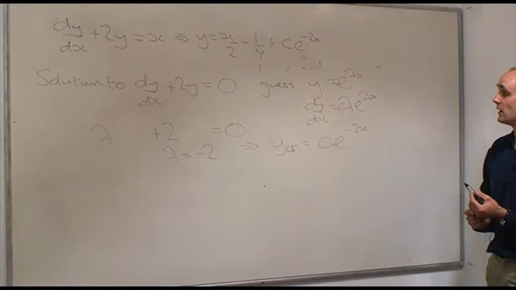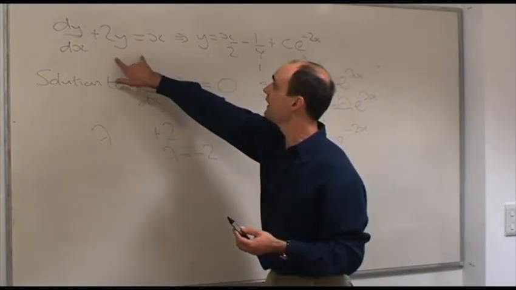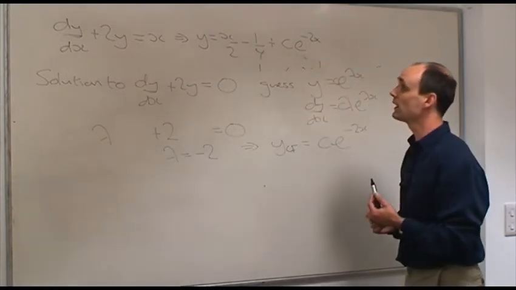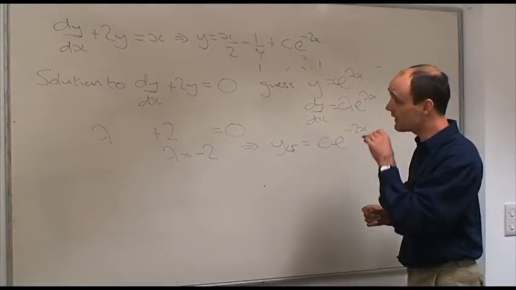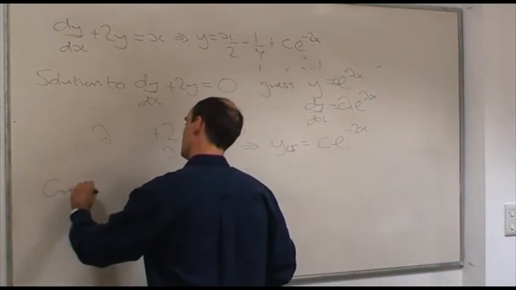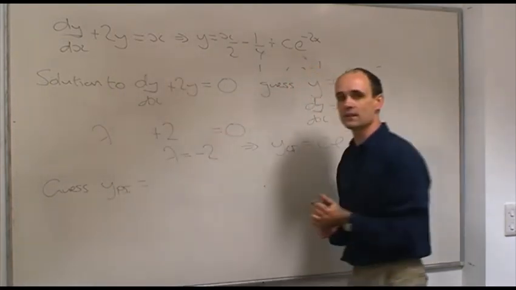Then the last thing we have to do is guess, by some means or other, any solution to this equation. So let's guess a particular integral. Now we've got a linear function of x here on the right-hand side.